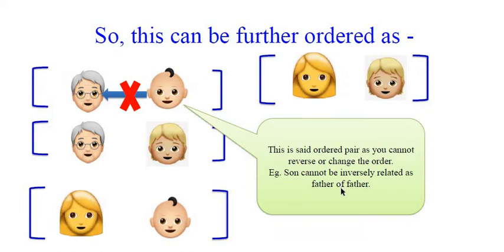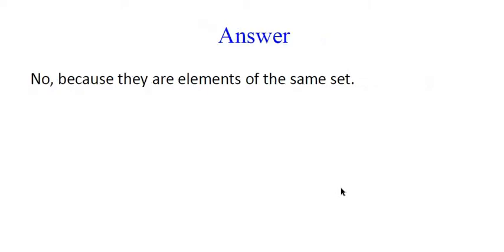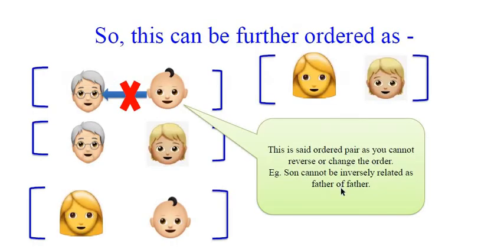So the question is, can we have a relation between son and daughter, right? So here the answer will be no. Why can't we create a relation between son and daughter? Because they are elements of the same set.